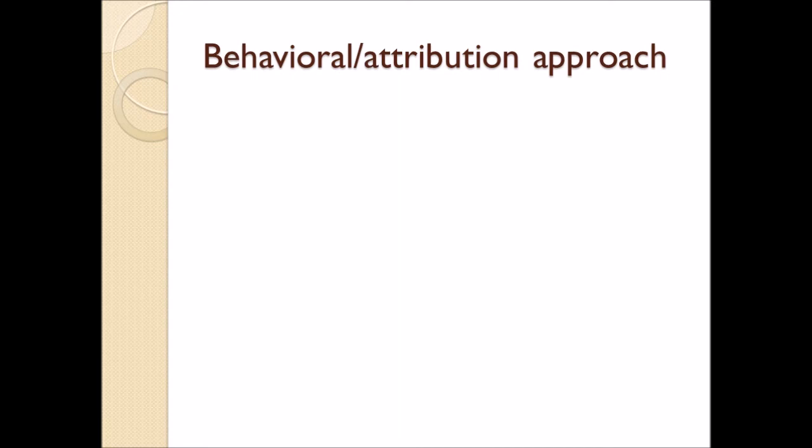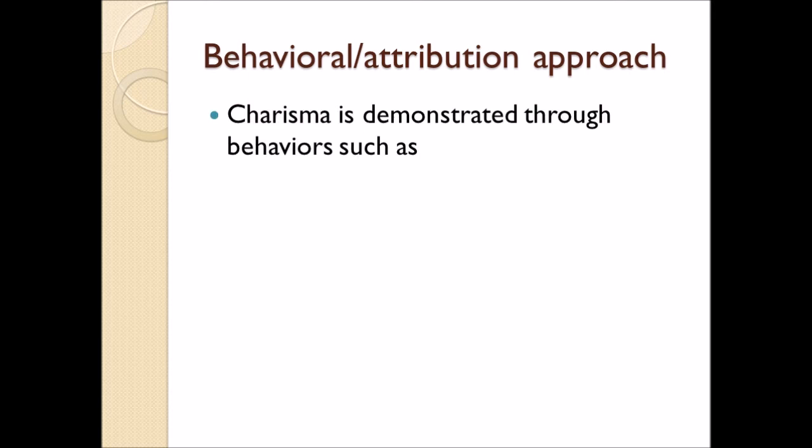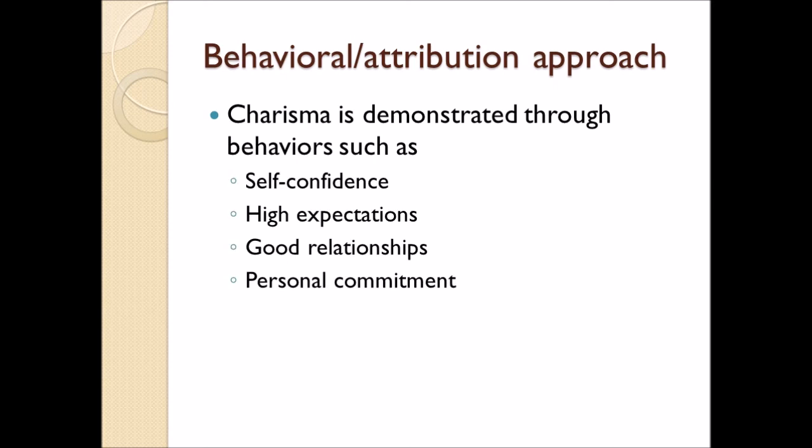The next approach we can take to understanding charisma, or we could say the next lens we can look through, is called the behavioral attribution approach. And this approach looks at charisma as something that is demonstrated through a set of behaviors. So if a leader demonstrates this set of behaviors, they are likely to be charismatic to their followers.